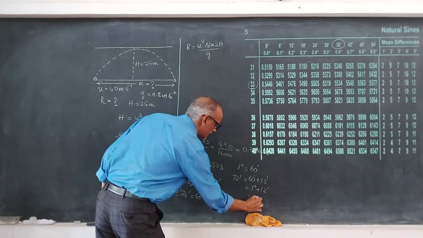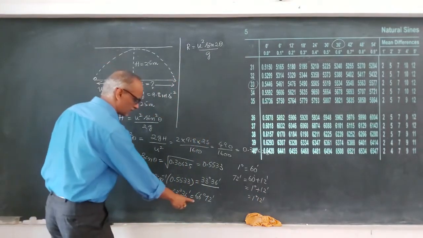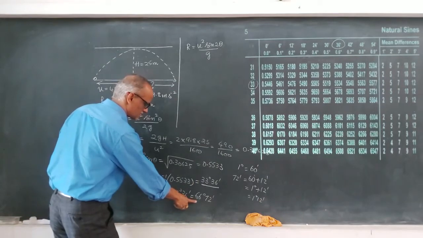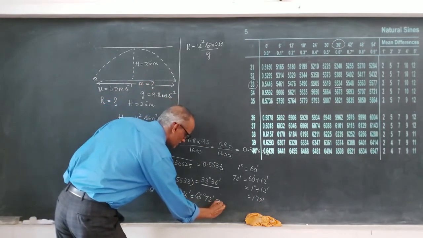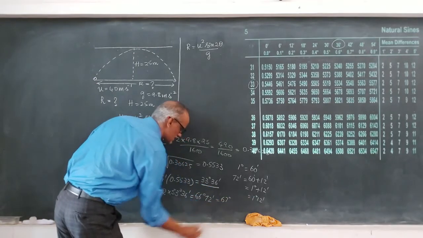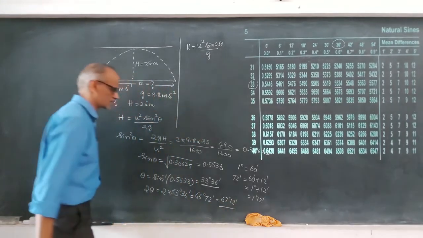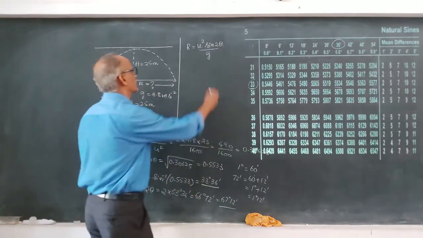So that's why 66 degree 72 minutes is equal to 66 plus 1, 67 degree 12 minutes. That is how we can write it here.